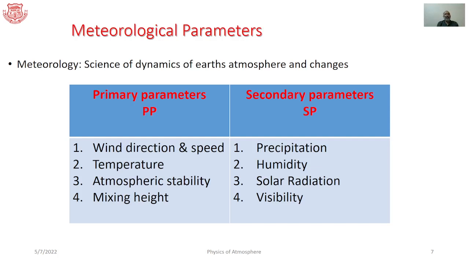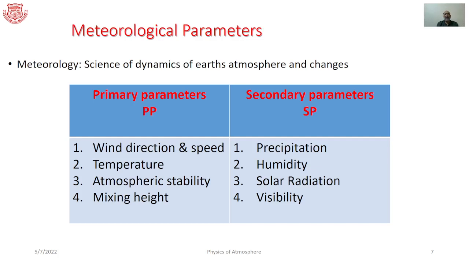Over the last few slides, we have been discussing the various layers, and we also discussed meteorology in terms of the science of the dynamics of Earth's atmosphere and associated changes. In order to study air pollution phenomena, we must understand these dynamics in terms of various parameters, which can be divided into two classes: primary parameters and secondary parameters.